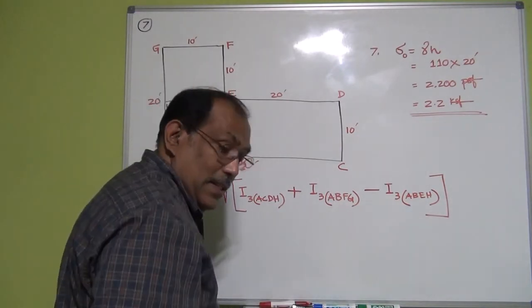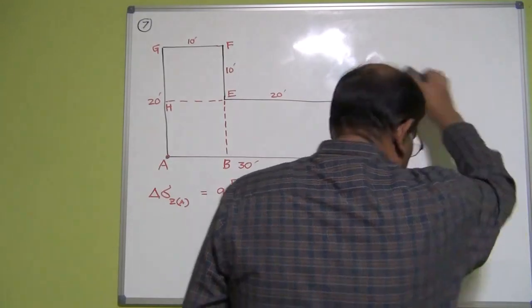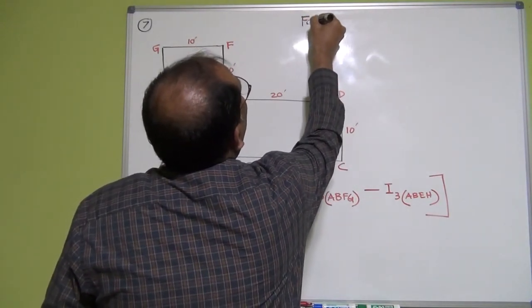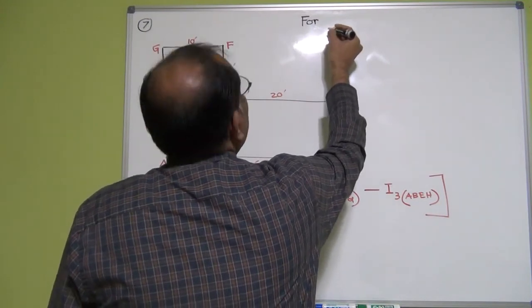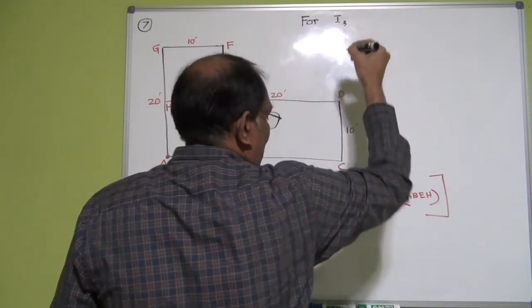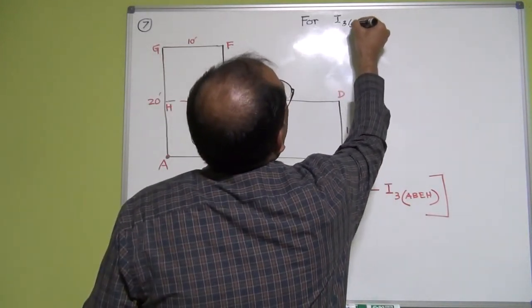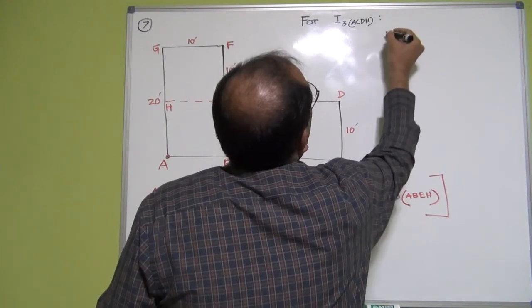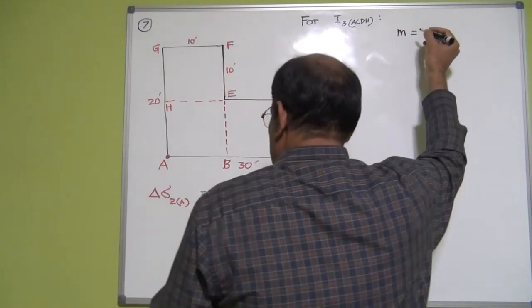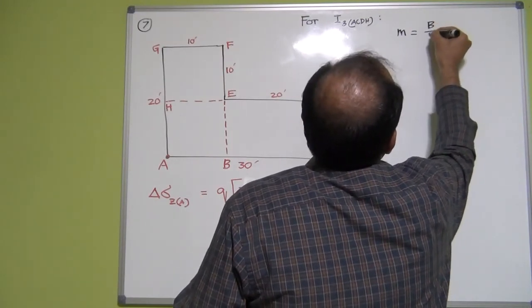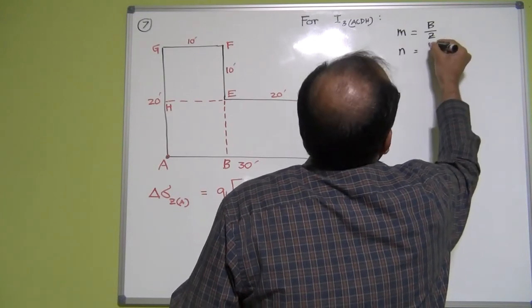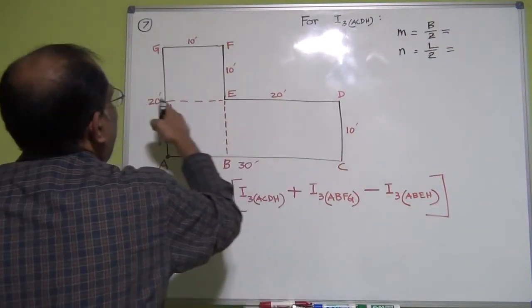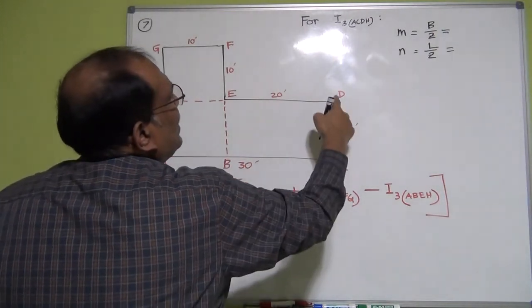Let's say for I3 of ACDH, your M is B by Z, and N is equal to L by Z. For ACDH, L is 30 and B is 10.